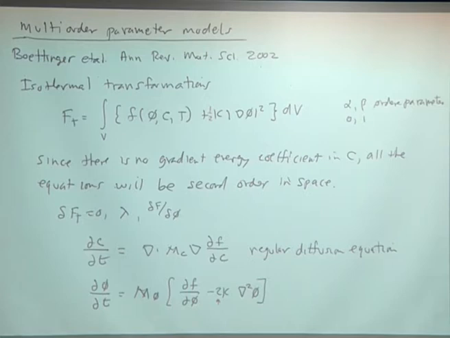So you have to be careful what form of the functional they start with, because it changes the expressions for the interfacial energies and the interface widths, because factors of 2 are floating around in the problem.